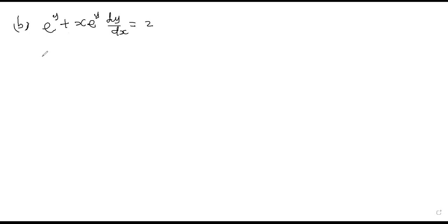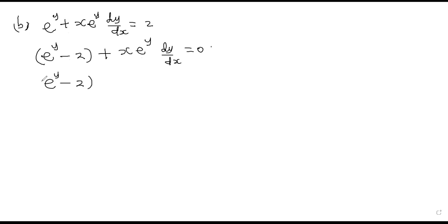First bring this to this side, so we shall have e^y minus 2, plus x e^y dy/dx equal to 0. When you multiply by dx, you have (e^y minus 2) dx plus x e^y dy, and this should be equal to 0.